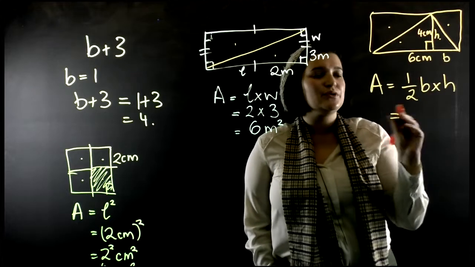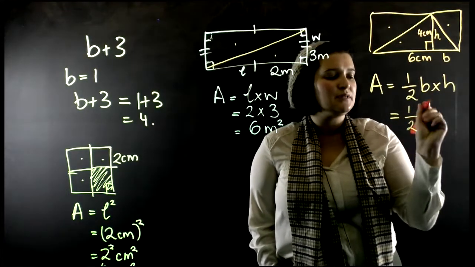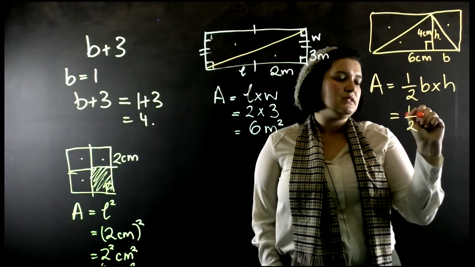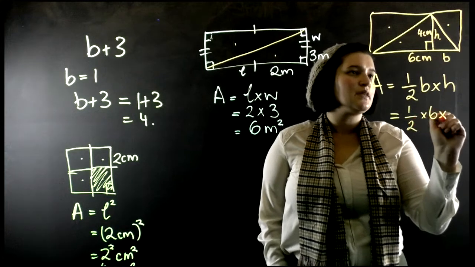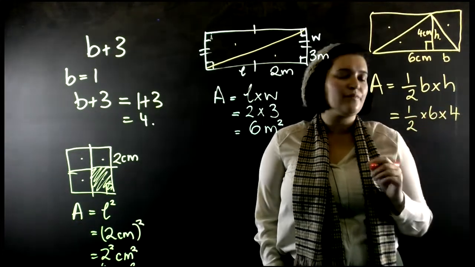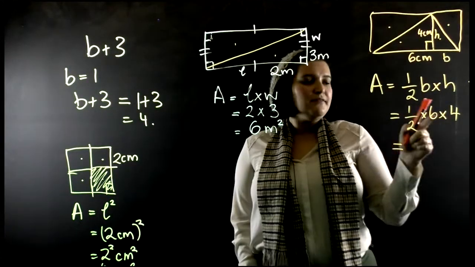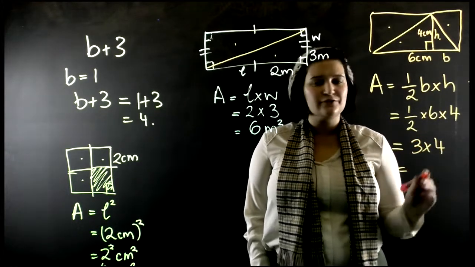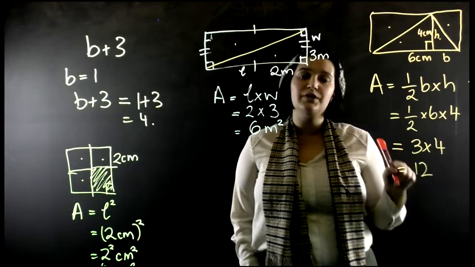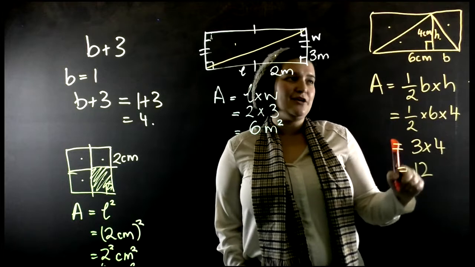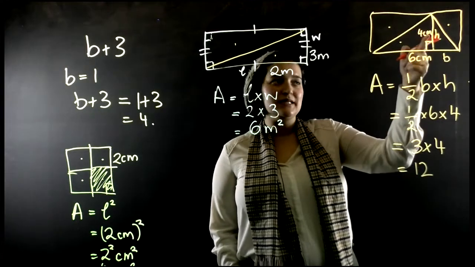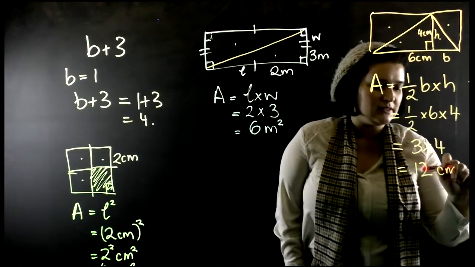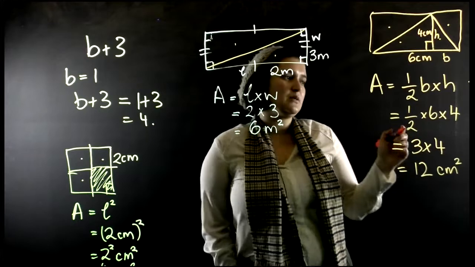So it's really important to show your substitution step. So this is half of 6 times 4. So half of 6 is 3 times 4. 3 times 4 is 12, and it's really important at this point we remember to add our units. So we had centimetres times centimetres, centimetres to the power of 2, or centimetres squared.